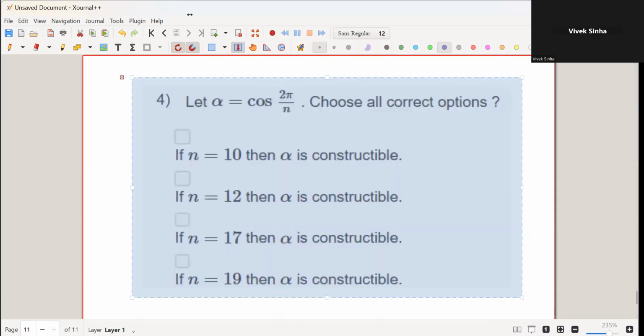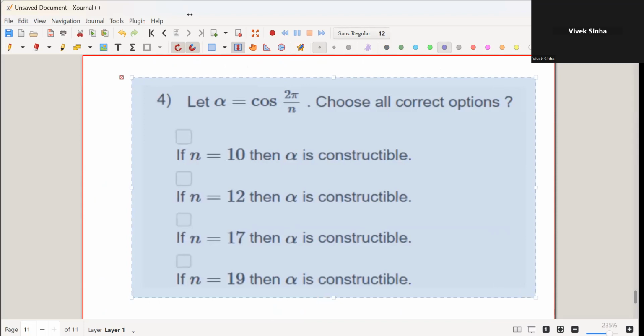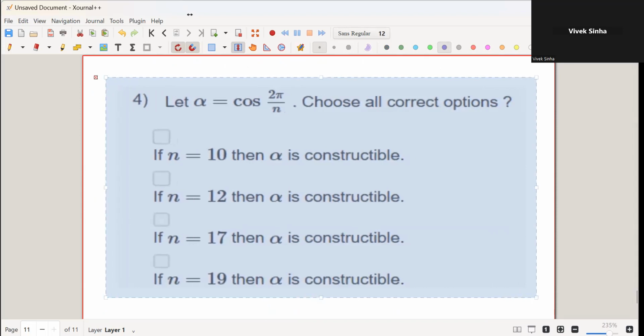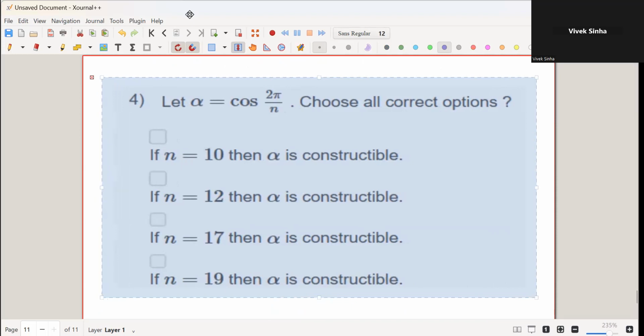So it says let alpha be cos 2 pi by n. Then we have to choose the correct options.